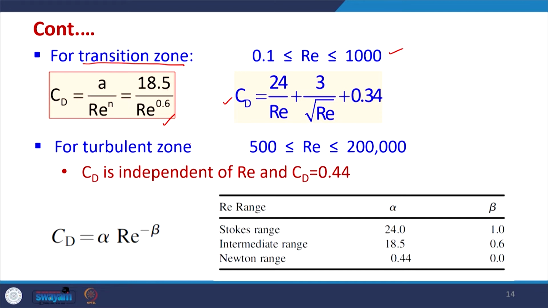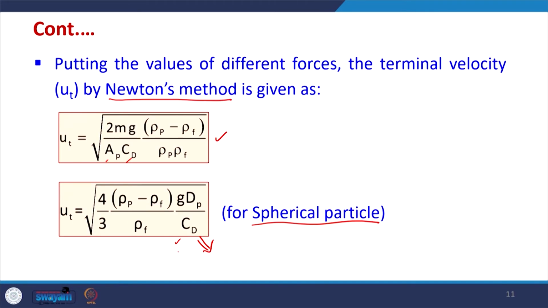Then finally, the turbulent zone, where the Reynolds number varies from 500 to 2 lakh. Under this condition CD is assumed to be independent of Re and it is constant, like 0.44. So, there is a fixed value of CD. That is why this equation is called the Newton range, and the first original expression, if CD is constant here, may be called Newton's method also.